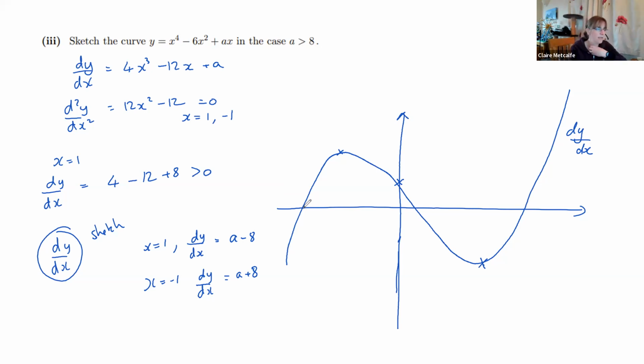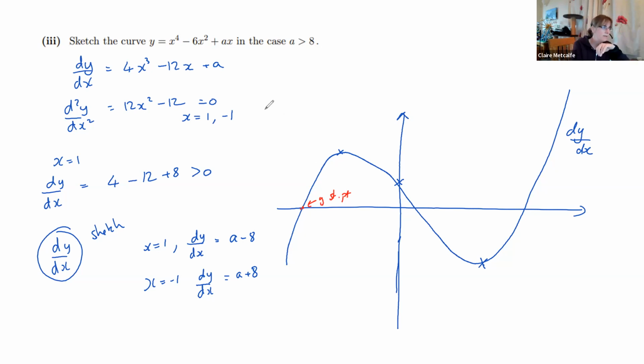So at this point here, my graph y is going to have a stationary point. We know that the gradient is going from negative to positive.